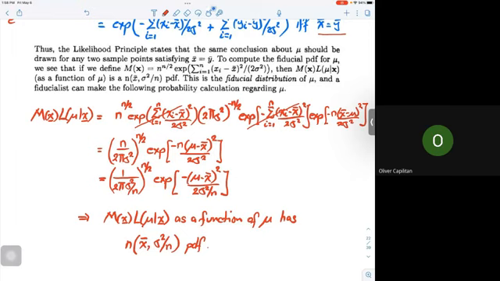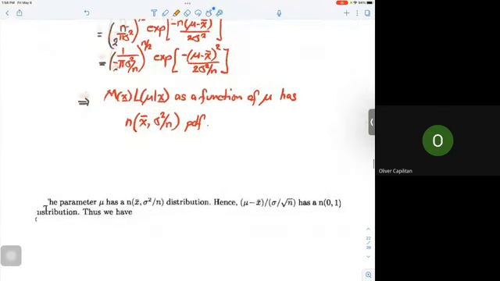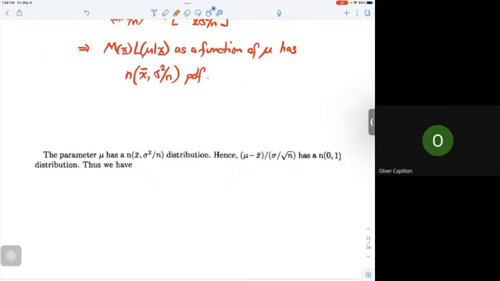Okay, so satisfy nito. It has a normal distribution with mean x bar, and the variance is sigma square over n. So the parameter mu has a normal distribution with mean x bar and variance sigma square over n.